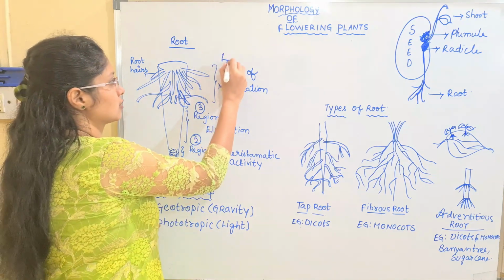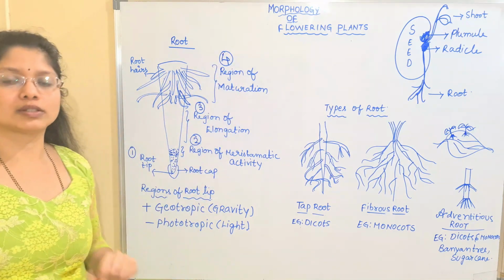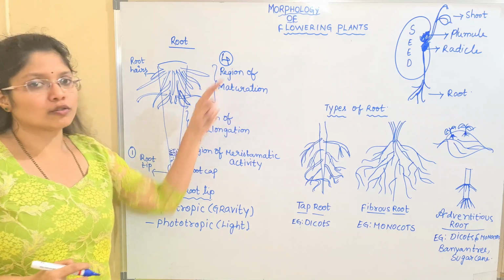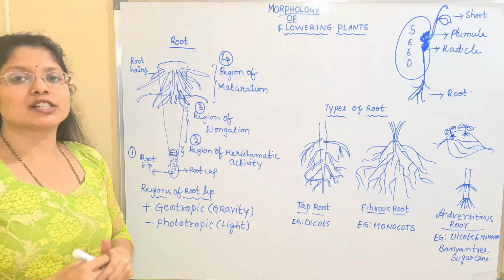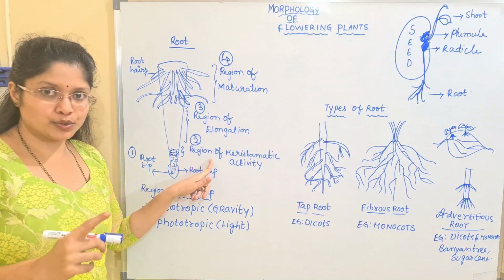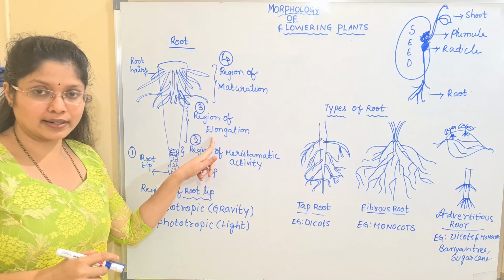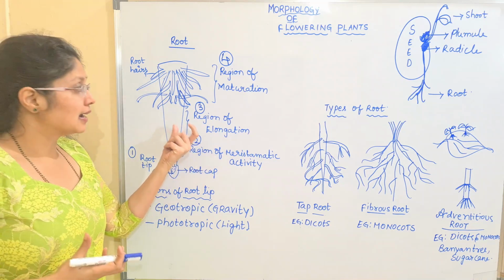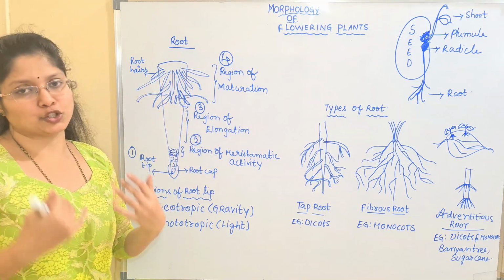Okay, so this is the fourth one. The last region of the root is the most important region, which is said to be the region of maturation. Once the cells are produced, later they are elongated, they increase in size, and lastly they will mature here.